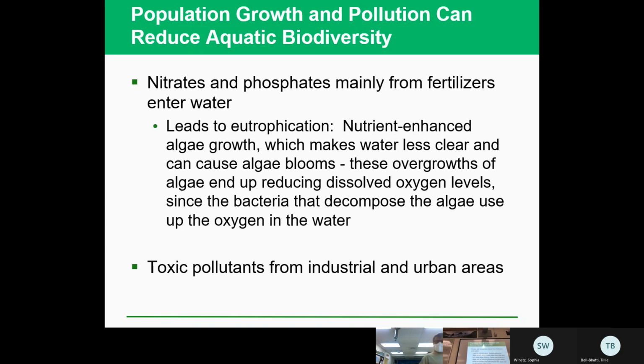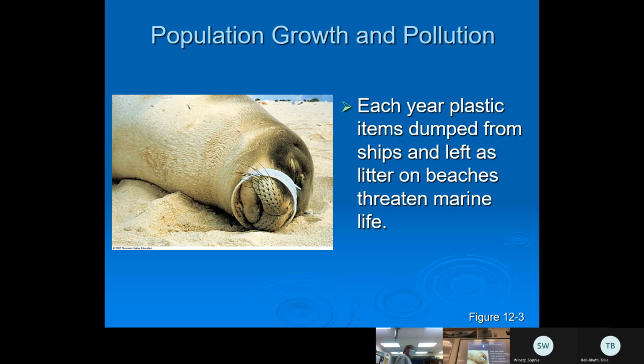That's one form of water pollution. Another form is industrial pollutants. And when we study water more directly, we're going to talk more about these different kinds of pollutants and what they do and where they come from. And of course, we have plastic issues, right? So it might just be ugly, or it might actually be harmful.